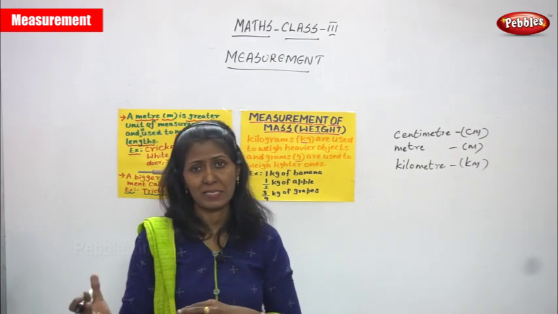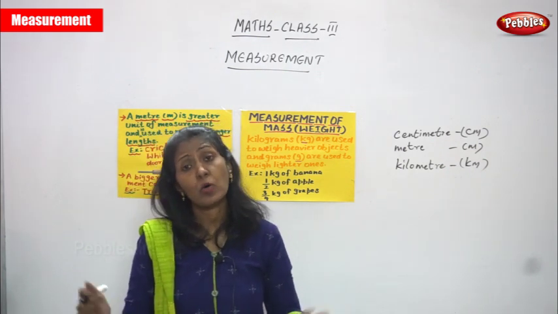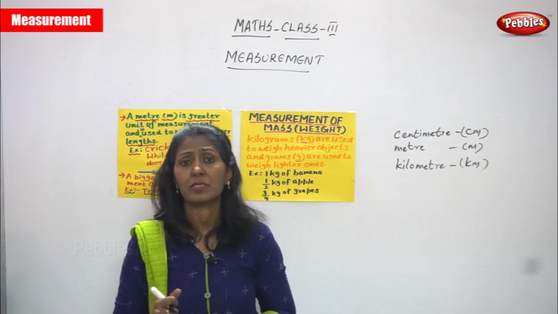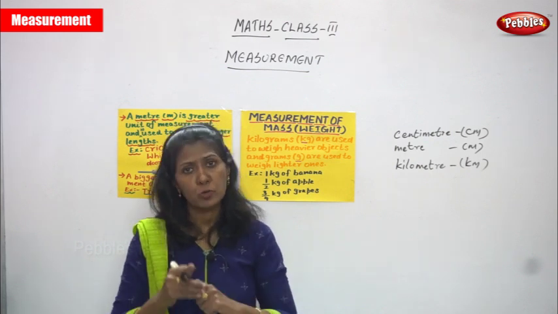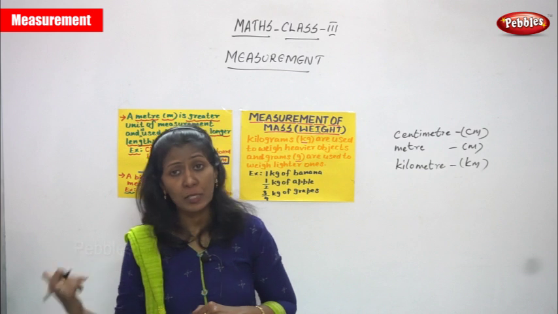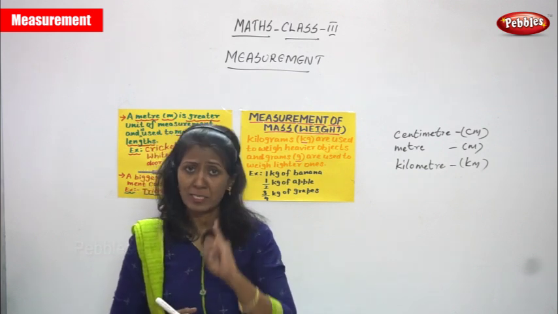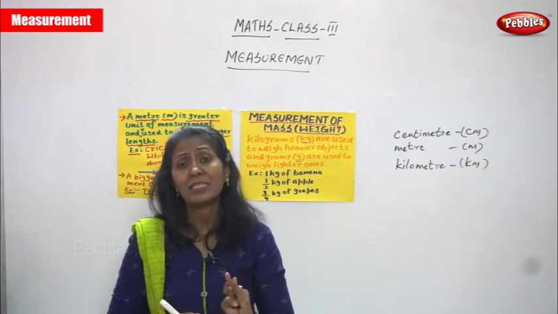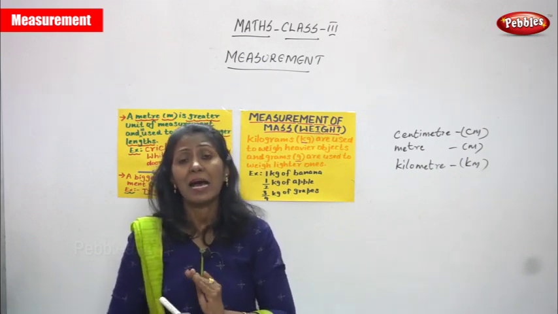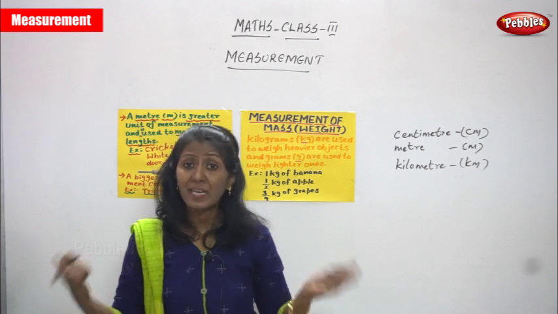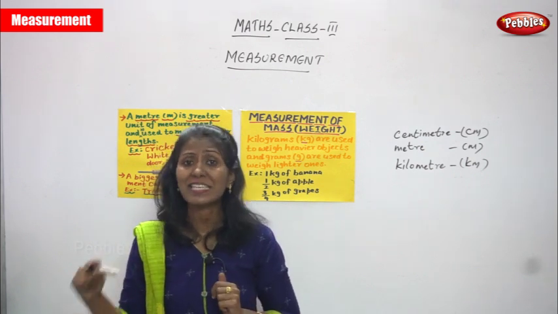So it's a very far distance. This is called a bigger unit, a very long distance measured in kilometer. So smaller unit centimeter, longer unit meter, and the third one, bigger unit, kilometer.